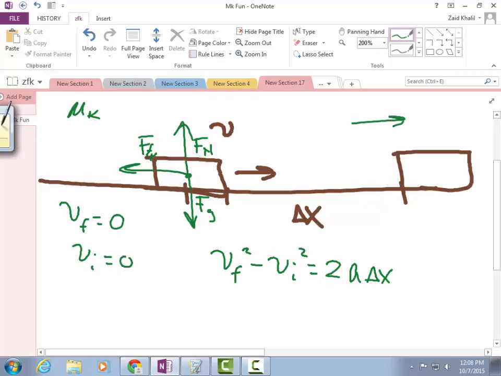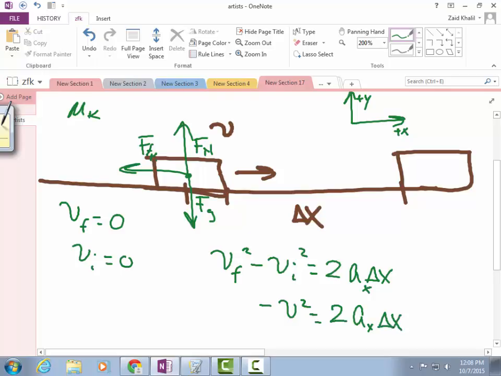So we'll call this the positive x. We'll call up the positive y. So I can be more specific and say this is ax, the acceleration in the x direction. So we replace the variables. We have v squared is equal to 2 ax times delta x.